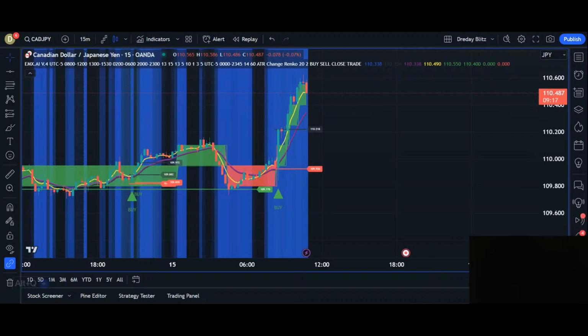Because if USD CAD is going down, that means that the CAD is winning, so it's stronger than the US. So anything that has CAD in front will go up. So that's basic forex correlation right there.